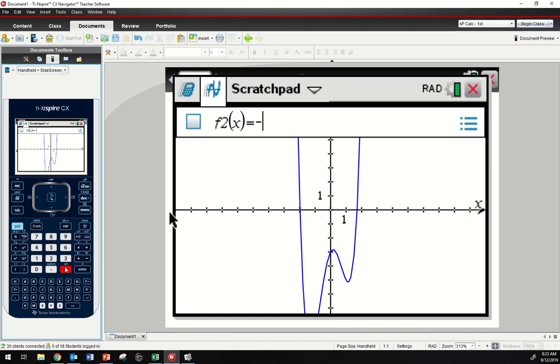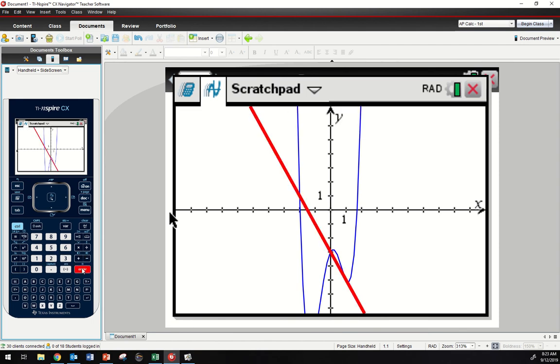So negative 2x minus 3. The point that I'm doing this at is point 1, right here. It's only touching this point at this spot. Yes, it crosses at other points because of the shape of the graph, but you notice it is just barely touching right there.